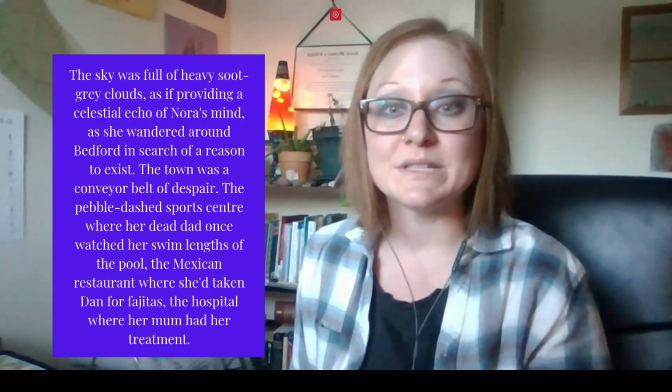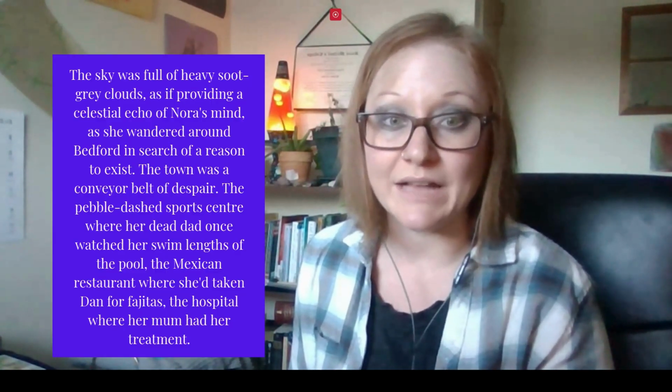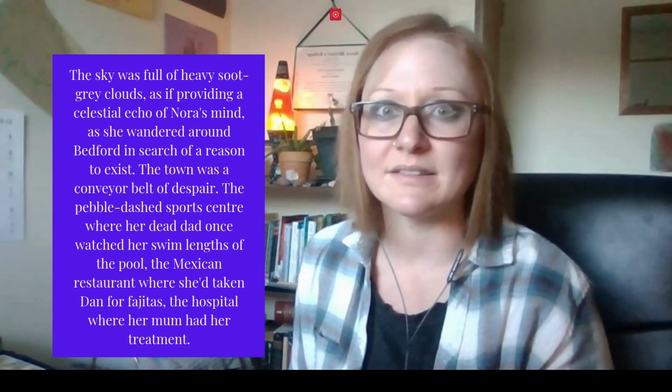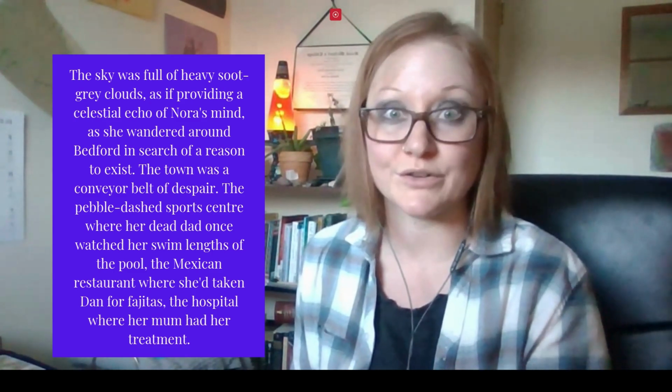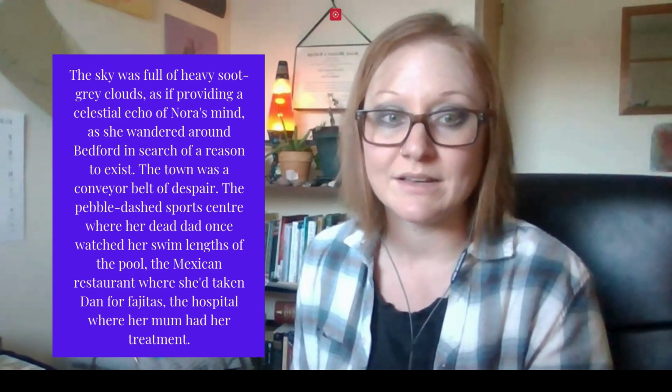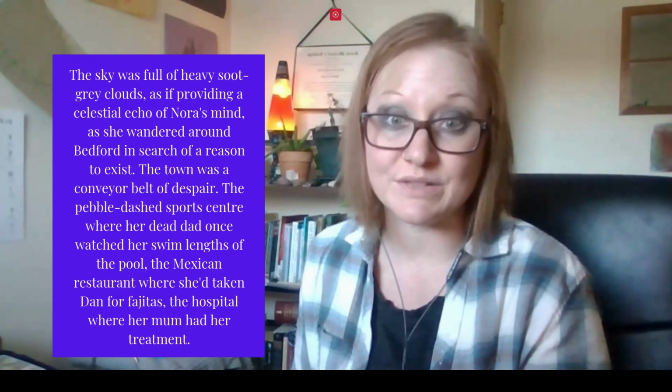Here's a particularly short scene from Matt Haig's novel, The Midnight Library, to get you thinking at the line level. The sky was full of heavy soot gray clouds, as if providing a celestial echo of Nora's mind as she wandered around Bedford in search of a reason to exist. The town was a conveyor belt of despair.